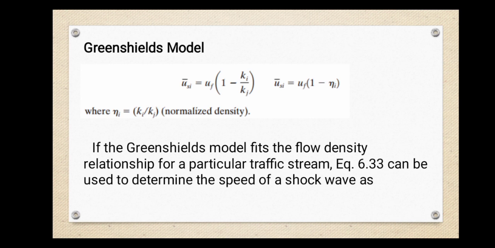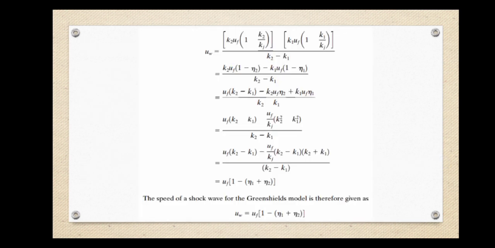So in Greenshield's model, we have here the equation. If the Greenshield's model fits the flow density relationship for a particular traffic stream, equation 6.33 can be used to determine the speed of a shock wave as this.